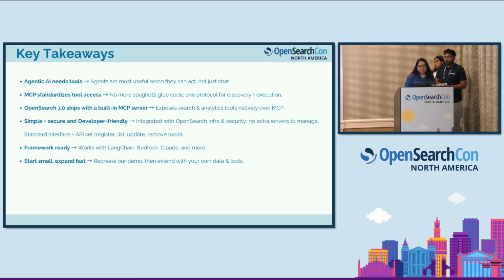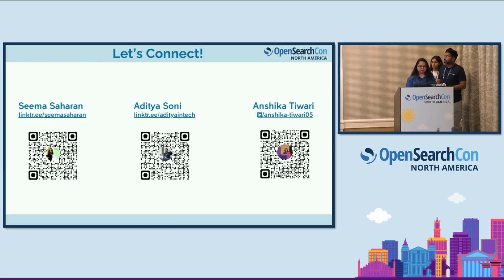And we have a simple, secure, and developer-friendly interface with OpenSearch, and it's framework ready. We can use any LLM model with this, like Claude, and Claude is the best one I've seen. Bedrock and any other model, we can use. And we can start small within our teams, like maybe 4 or 5 teams, and then we can fine-tune our model, and that's how we can utilize this MCP at its best.